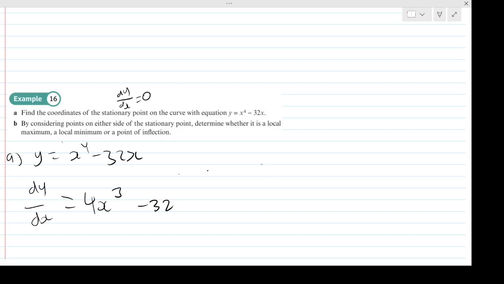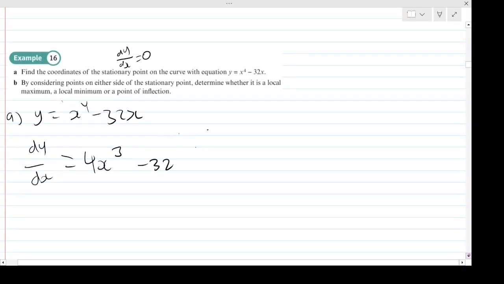We want the stationary point, which means the derivative has to be 0. That's what a stationary point means, right? So we want to consider solving the equation when we set the derivative to 0.